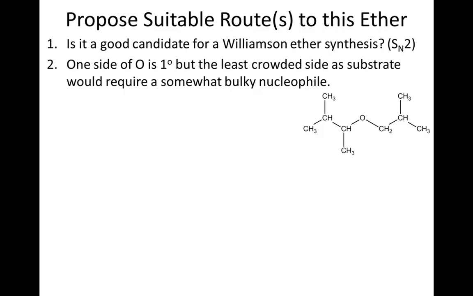One side is going to be the best one to use for the substrate. And this side is too crowded to be the substrate side. And if we're doing a Williamson, this is going to be a fairly bulky nucleophile, which could mean it's a little problematic for the Williamson, but still it's worth a shot.